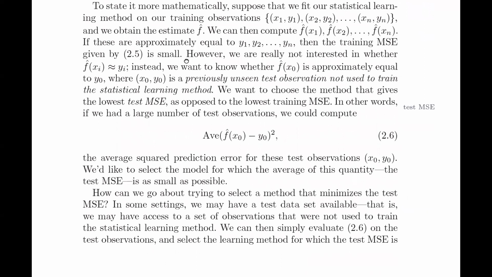To state it more mathematically, suppose that we fit our statistical learning method on our training observations. And our training observations are, this is the full data set. Think of a database, think of 10,000 rows of patient records, one line for every data subject, for every patient.